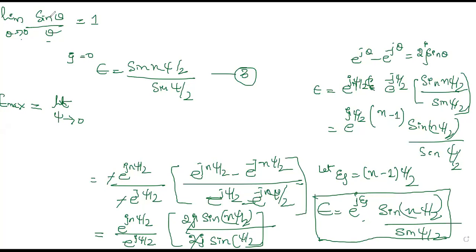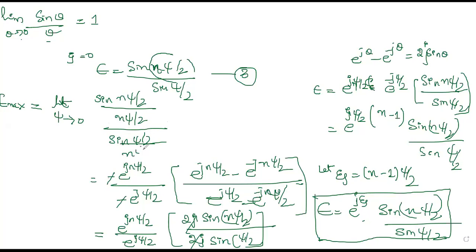Here you have theta. You have to get it in this form. And since n is considered for the linear array, n isotropic sources, we take the form of theta as n xi by 2. So you will be writing it in this form, considering numerator sine n xi by 2 divided by n xi by 2, that is divided by sine xi by 2 divided by n xi by 2.